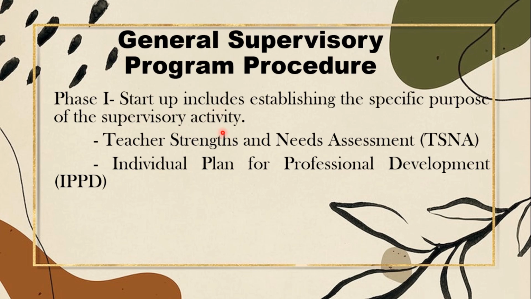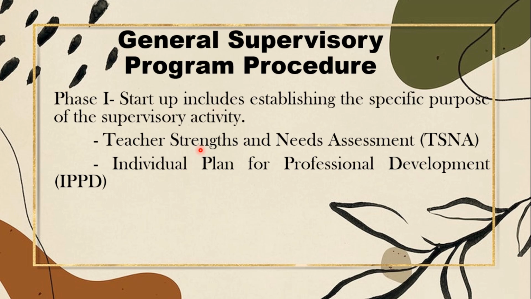As a basis for teacher support, it will use either the information derived from the results of the teacher strengths and needs assessment or the TSNA and the individual plan for professional development or the IPPD, or from the Department of Education directives in the implementation of programs and projects.